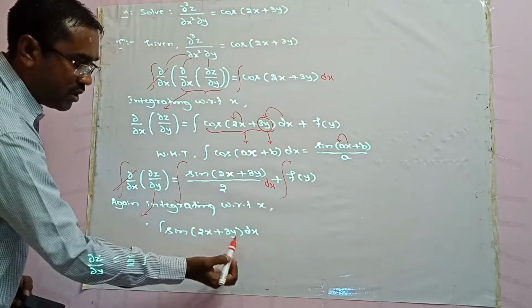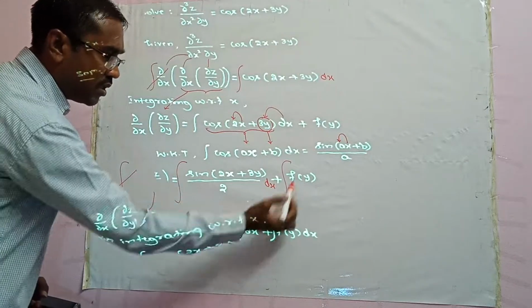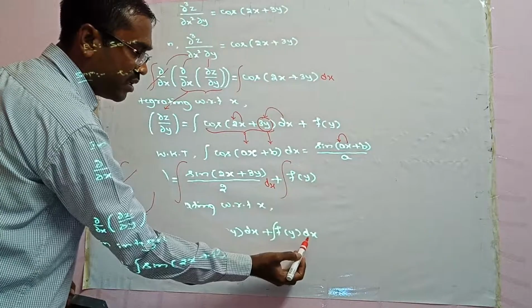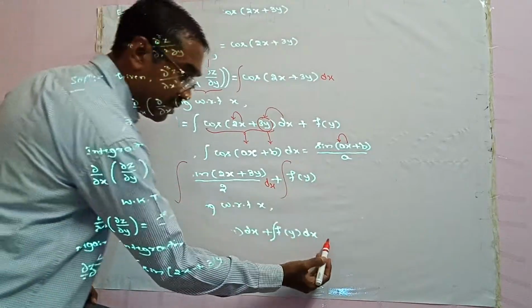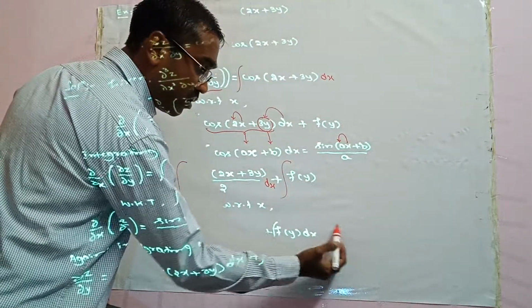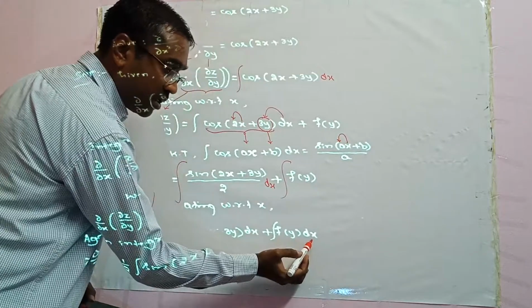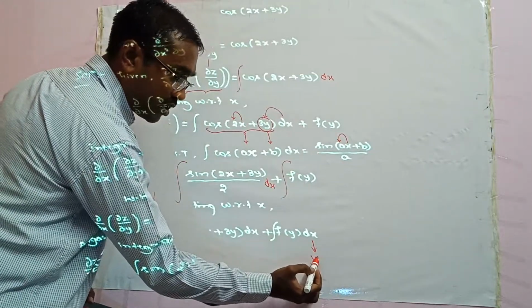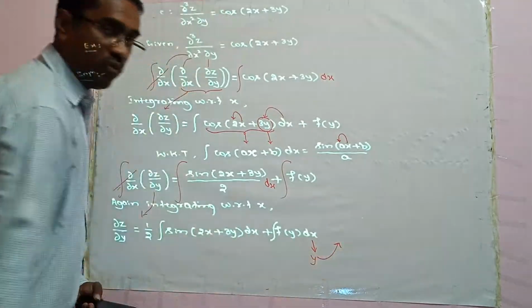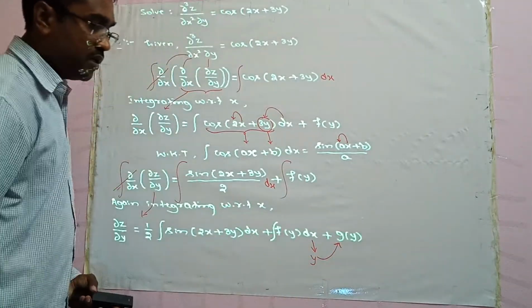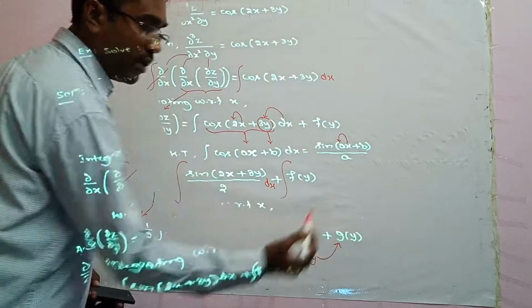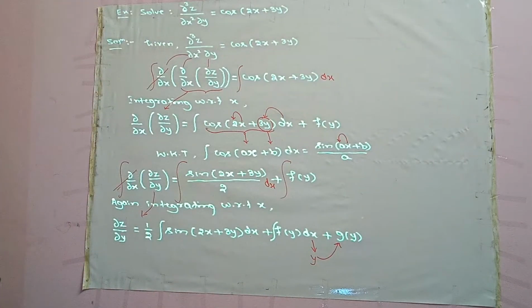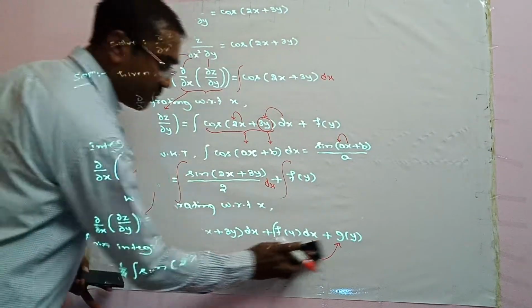So we have written dx plus integral of f of y dx plus integration constant. One more constant will come here. Again, since we are integrating with respect to x, your integration constant will be in terms of y. So we can take that integration constant as g of y.